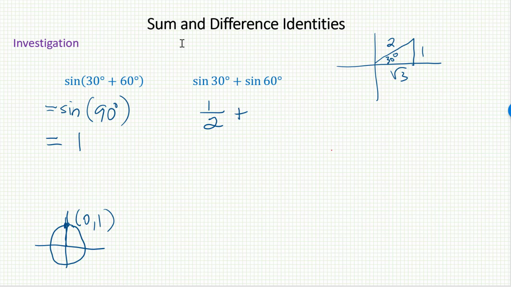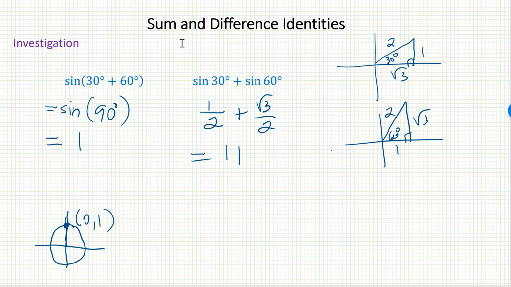And sine of 60 degrees, same triangle, right? Just a different angle right here. So now I've got 1, root 3 and 2, another 30-60-90 right triangle, and the sine ratio, opposite over hypotenuse, is square root of 3 over 2.